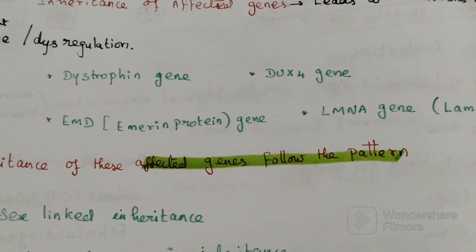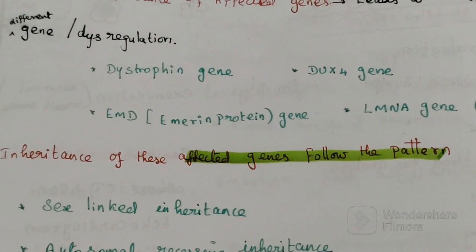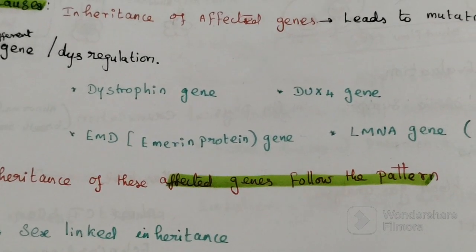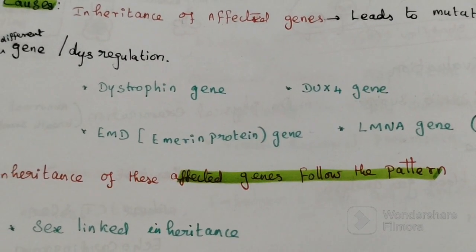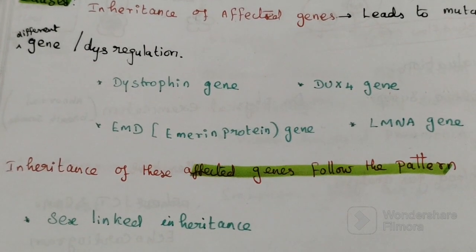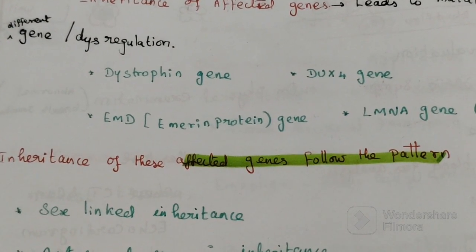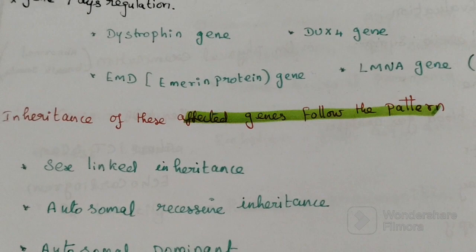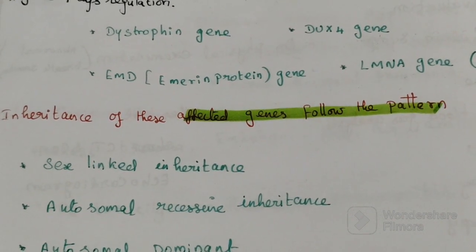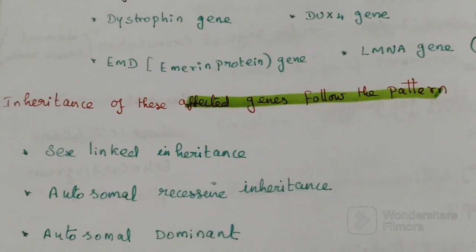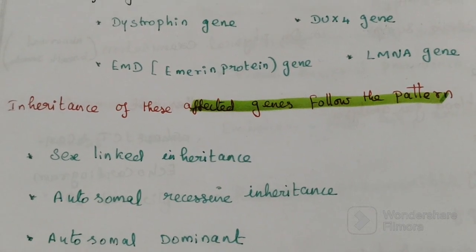We see the inheritance of these affected genes. These four kinds of genes follow the pattern of sex-linked inheritance, autosomal recessive inheritance, or autosomal dominant inheritance.